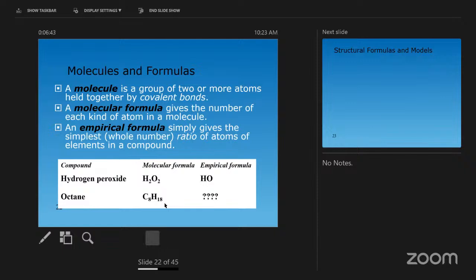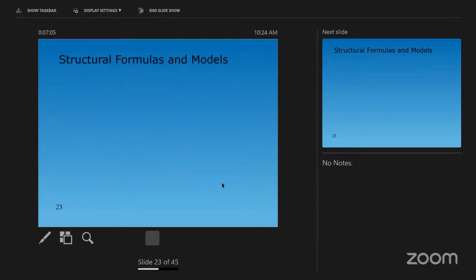Then what is the empirical formula? Well, remember the empirical formula gives you the simplest ratio. C4H what? 9, exactly. So that's the answer here, all right? Okay, very good. Next thing on the top.